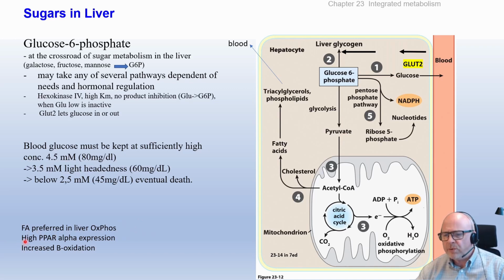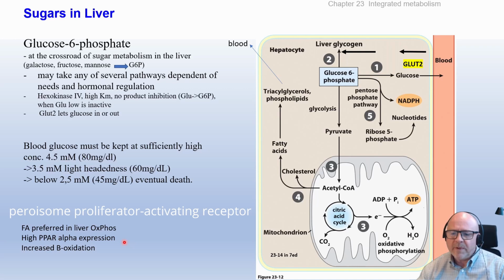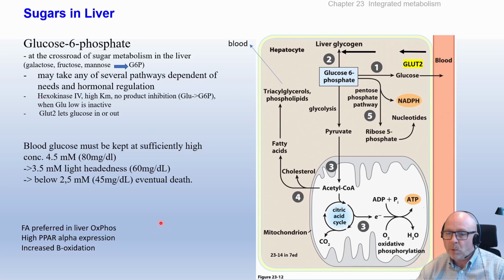And this is due to the expression of a transcription factor called PPAR alpha, peroxisome proliferator-activated receptor. PPAR alpha expression drives expression of genes involved in beta oxidation, causing increased beta oxidation in hepatocytes. And we will meet this a little bit more in detail after. Not much, but a little bit more. Try to make things a bit more clear.